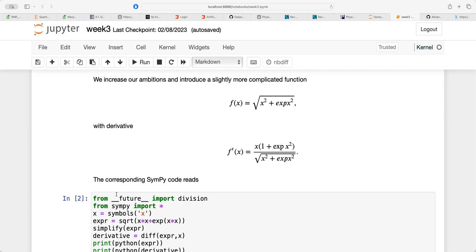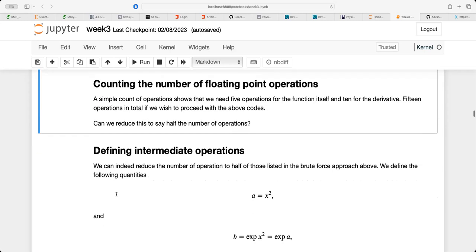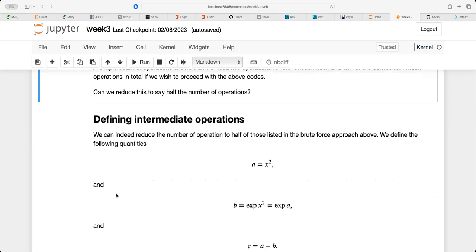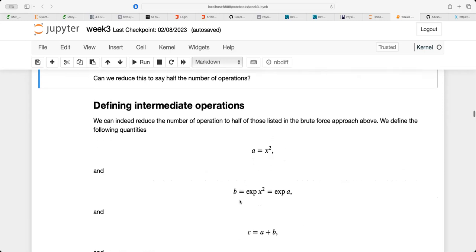If you look at the function itself, we now define the intermediate functions. We have A, which has x as a parent, and I square x. So this is one function. I then define B, my second function, as the exponential of x squared.